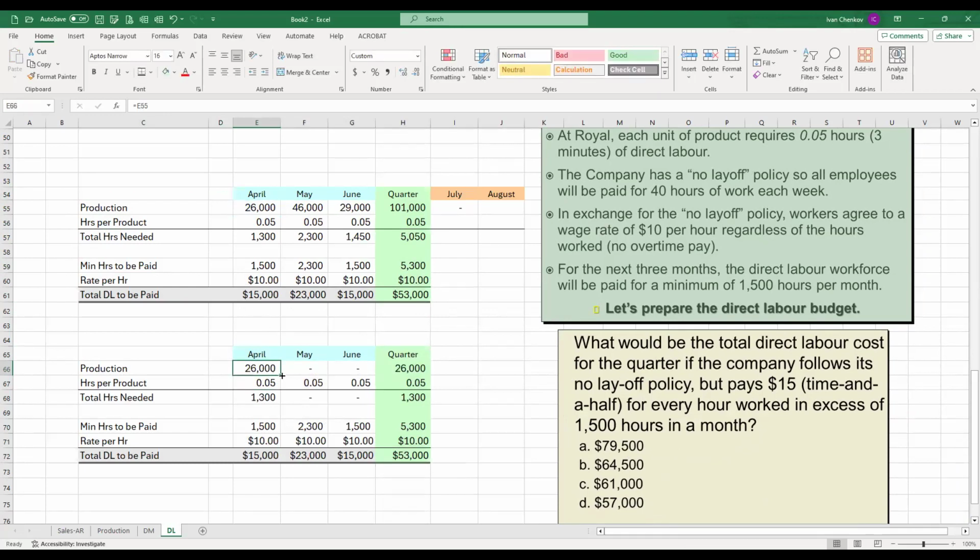Let's get the numbers. What will be the total direct labor costs for the quarter if the company follows its non-layoff policy but pays $15 for every hour worked in excess of 1,500 hours?